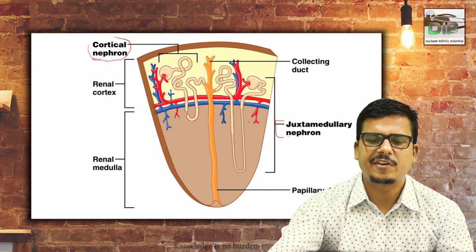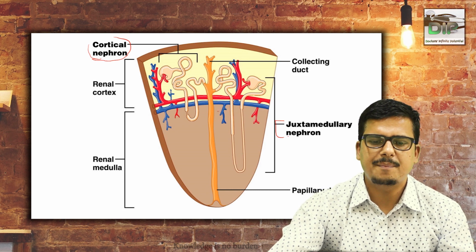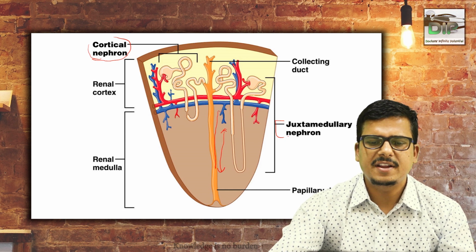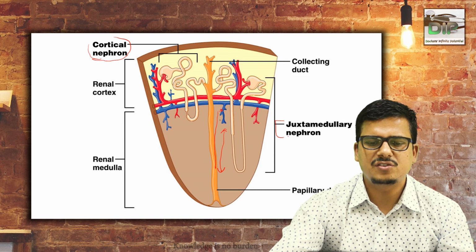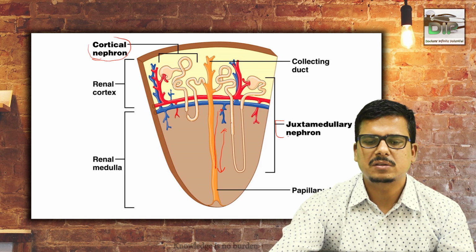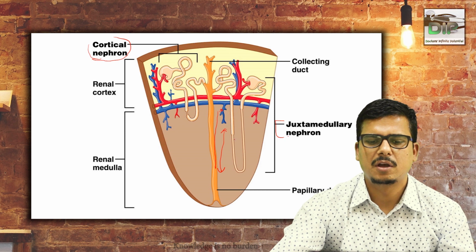This long loop of Henle is very important to maintain the hyperosmolarity in the medullary regions. So the osmolarity of the interstitium in this region gradually increases toward the tip of the medulla, and this is possible only by the joint function of this long loop of Henle and the vasa recta that runs parallel with it.